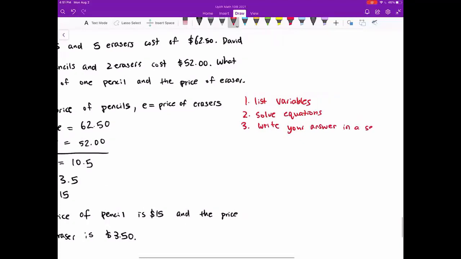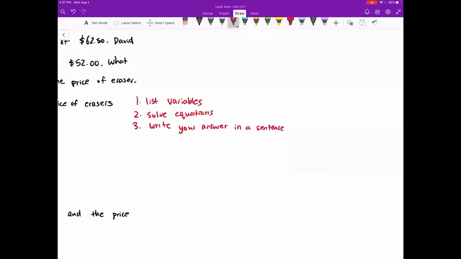I don't think it's really required to write in a sentence. Some teachers might be a little more lenient with that, but just write it down anyways. It can be a really short sentence. Pencil price is equal to $15. Eraser price is $3.50. I don't know about your teacher, but my teacher's mark breakdown is basically 1 point, 2 points, and 1 point. So you have to do all of these steps to get full marks.